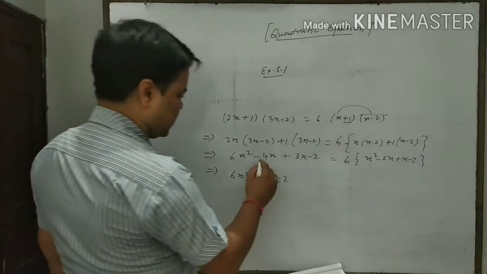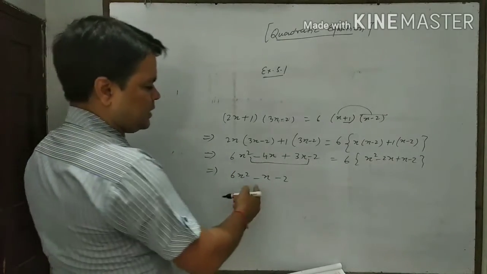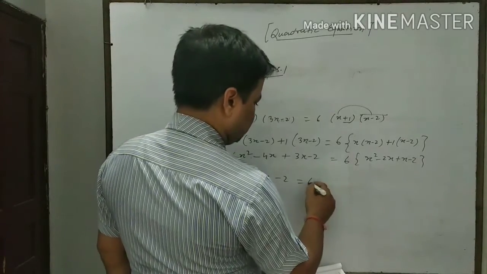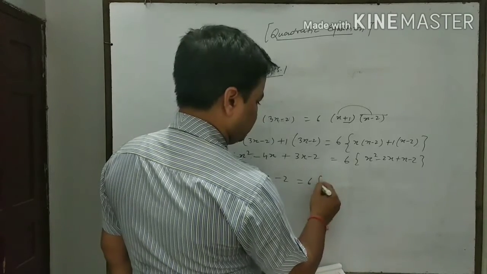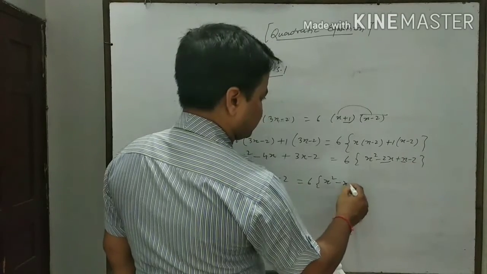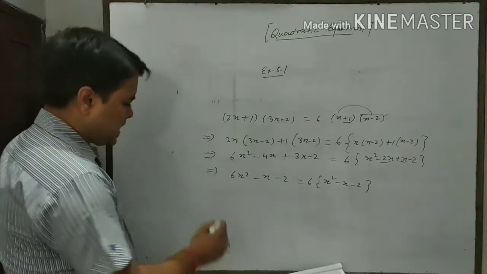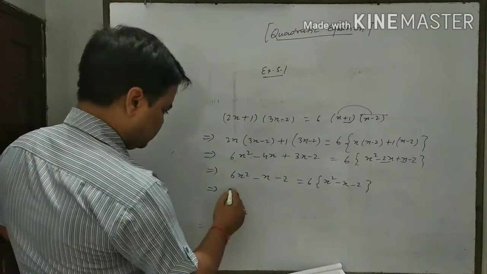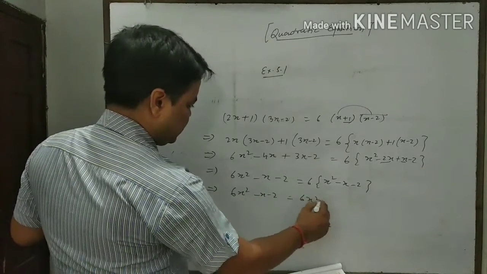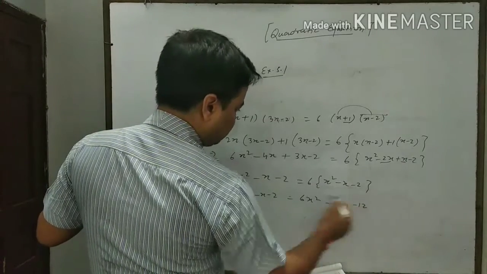So in place of this we can write minus 4x plus 3x, minus x, minus 2, which is equal to 6x square minus 2x and x, again minus x, and here minus 2. Get it? Again we can do it: 6x square minus x minus 2 is equal to 6x square minus 6x minus 12.